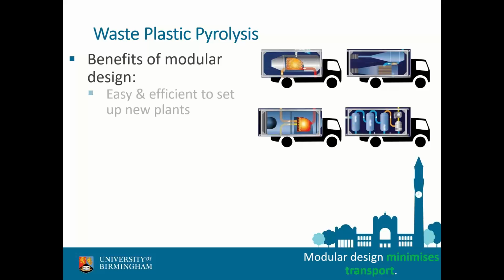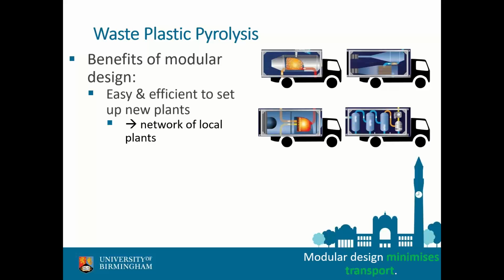So the benefits of this modular design: firstly, it means it's very easy and efficient to set up new plants. And that in turn means that instead of having big centralized plants at one place or two places in a country and having to transport our plastics miles and miles, you can set up one of these machines in every local council area.